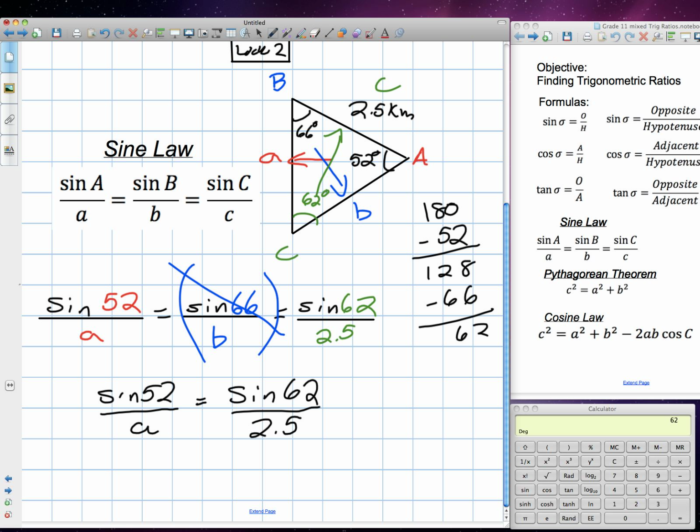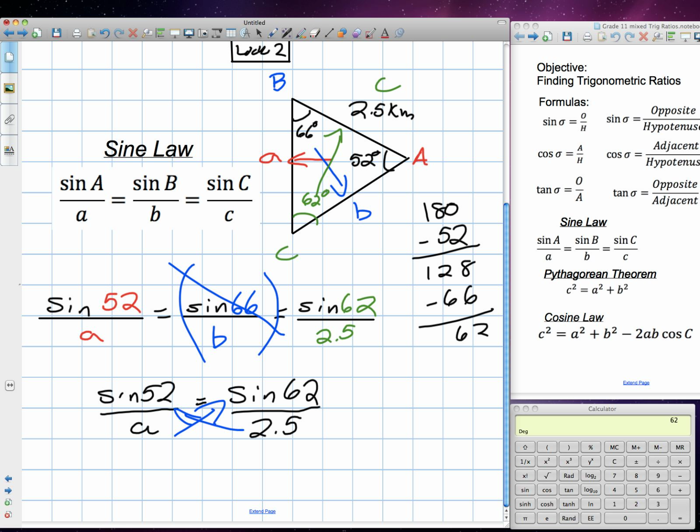Okay? Now, we could solve for this algebraically because I only have one variable. I could go about dividing and such. Does anyone know a quick way to get rid of the fractions? There's a term for it. Has to do with crossing. Yeah. I have two fractions that are equal to each other. So because I have two equal fractions, I can cross multiply. If you guys remember that, it was way back in elementary school.